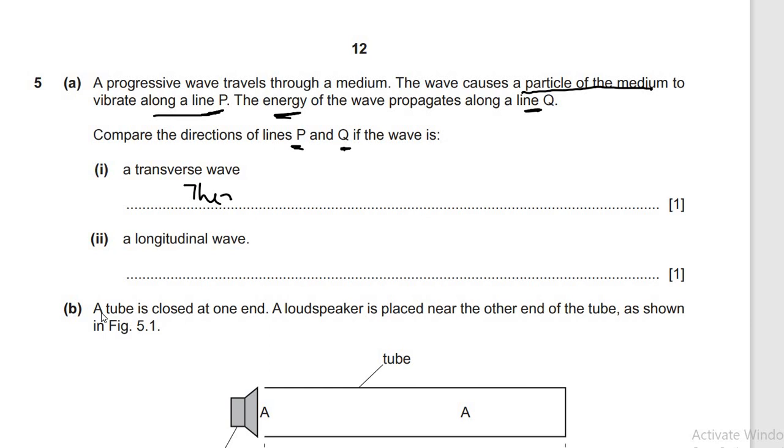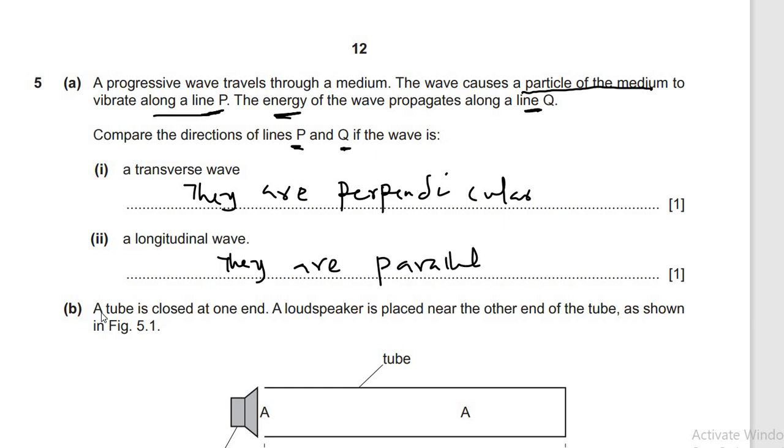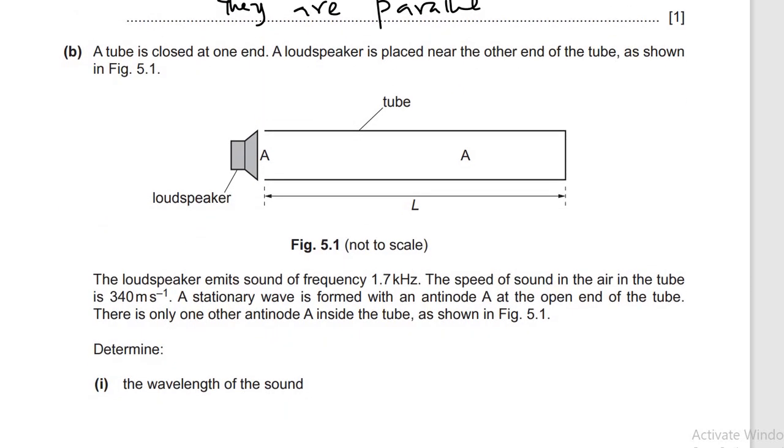For longitudinal, the direction of particle and the way energy propagates must be parallel. For longitudinal, it means P and Q are parallel. The question represented P and Q as direction of travel of particle and direction of propagation of energy. So just figure out the terms there. That's all.